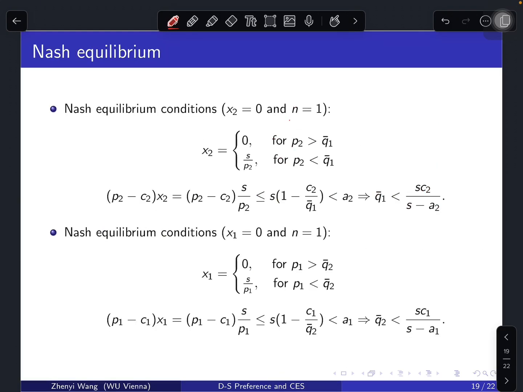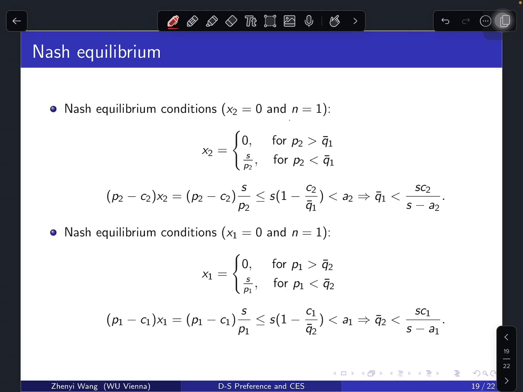Okay, so when only one firm produces, the decision about which firm or product category will supply depends on relative prices. Since the two categories are perfect substitutes, if one category's price is higher, then its demand will drop to 0, and only the lower priced category will be consumed and produced.